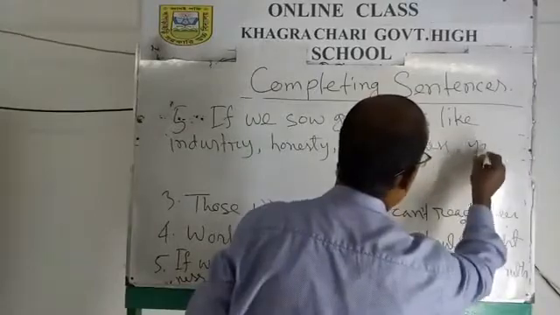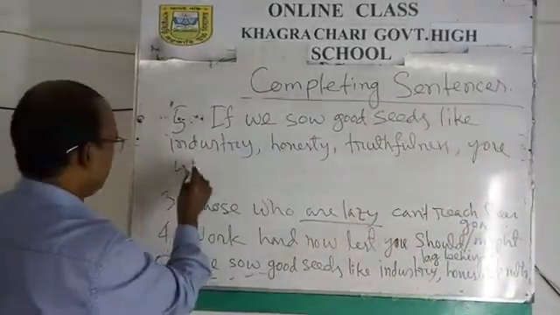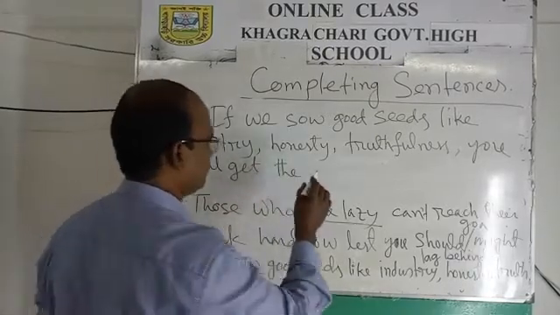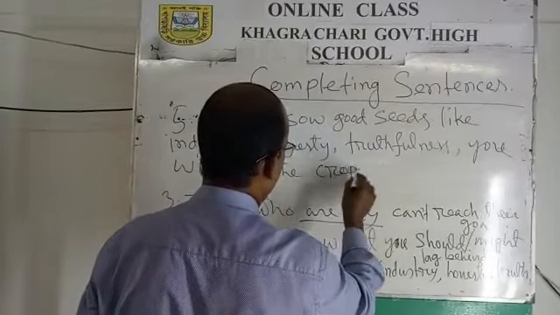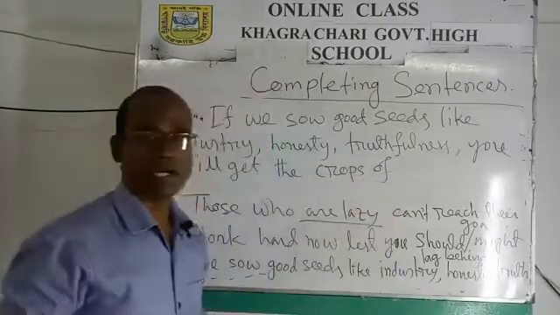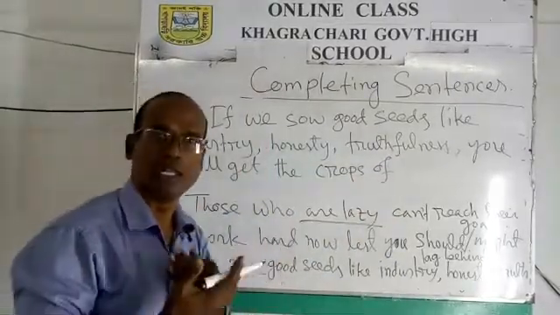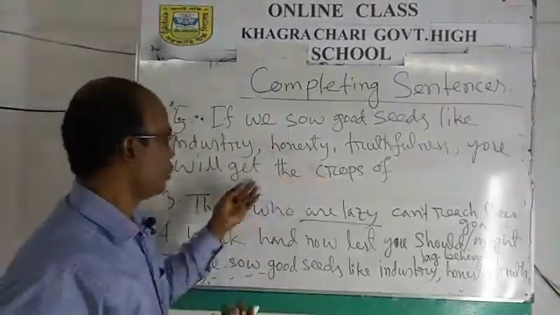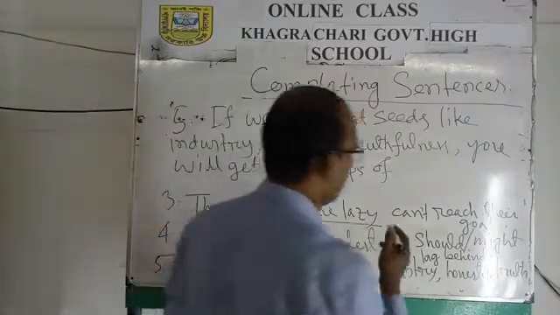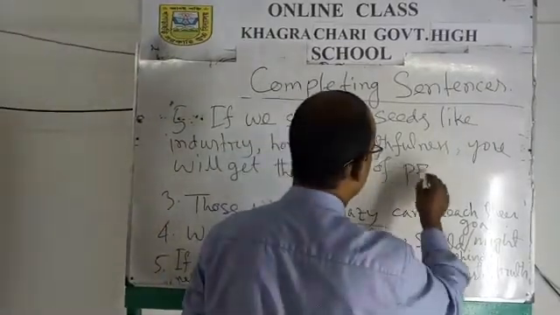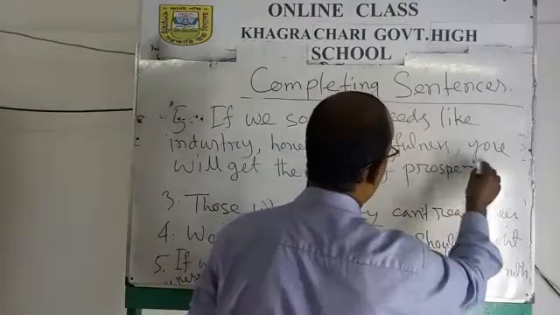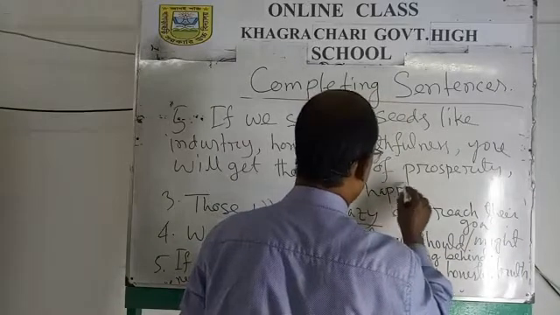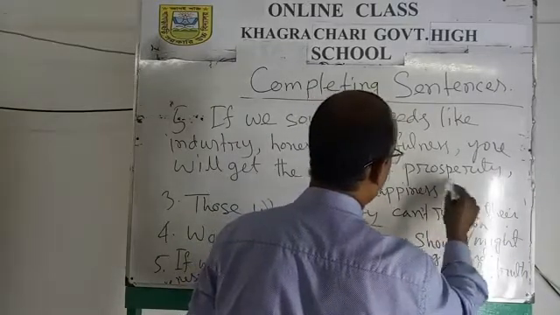Then, comma, you will get the crops of what? What type of crops or harvest will you reap? You will reap the harvest of prosperity and happiness in future.